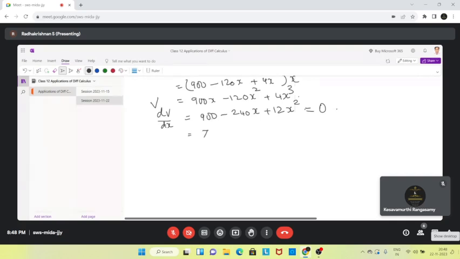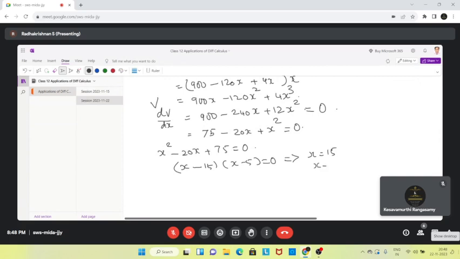Seven 12s are 84, 75 minus 20x plus x square. So we can write it like this: x square minus 20x plus 75 equal to 0. Okay, so we can easily factorize this, x minus 15 and x minus 5. So it gives the values x equal to 15, x equal to 5.